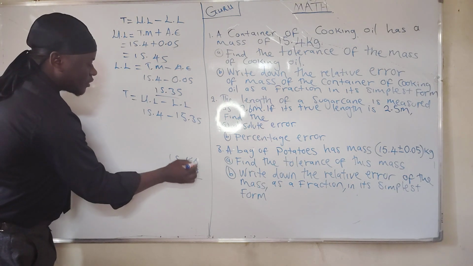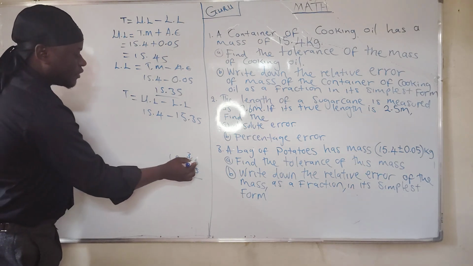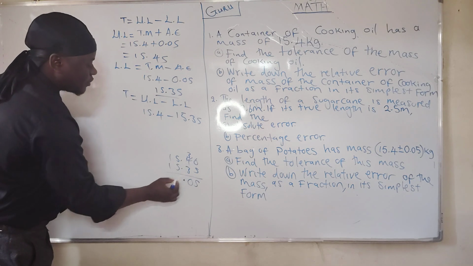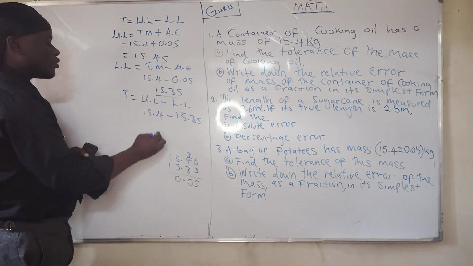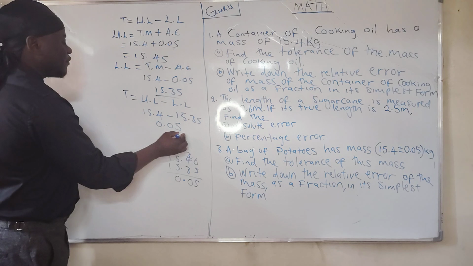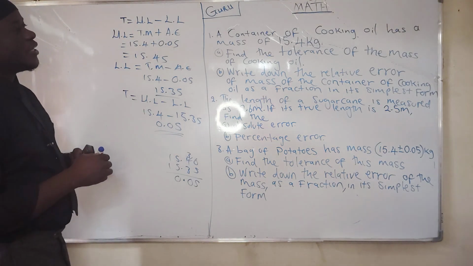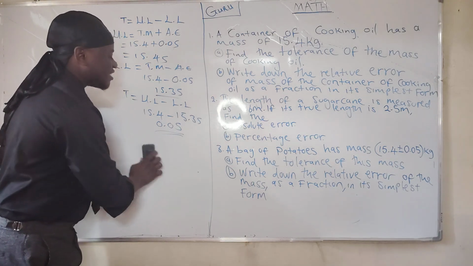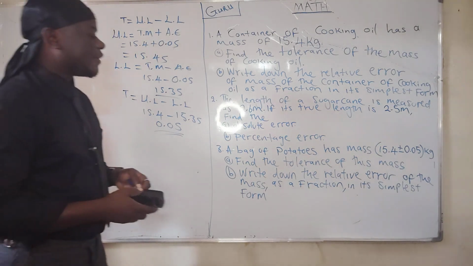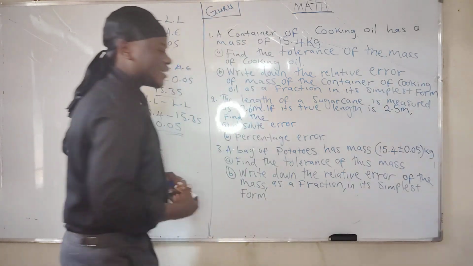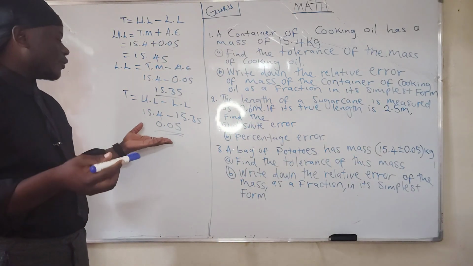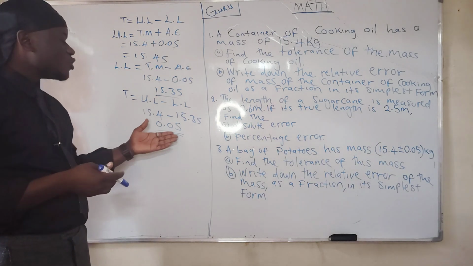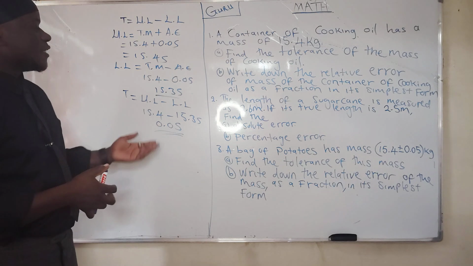The 1 will come here because it can't there, so meaning here you remain with 3. 10 minus 5, 5. 3 minus 3, 0. Point down. 15 minus 15, 0. So tolerance is 0.05. So in short, in this container of cooking oil, they were able to tolerate 0.05 kg. If there's just a difference of this, then you have to tolerate, because that's the tolerance.